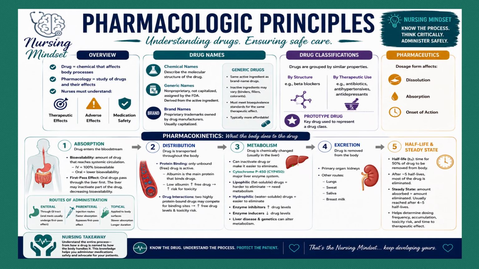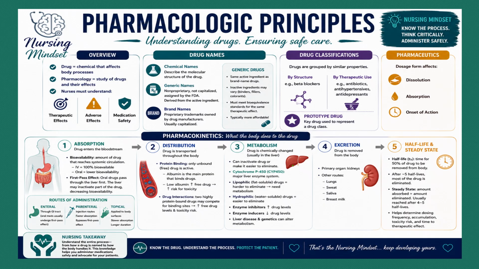Here the route that we're giving the medication is going to matter. For instance, an IV medication is administered directly into the bloodstream, so it's 100% bioavailable. Oral medications usually have a lower bioavailability because they must be absorbed through the gastrointestinal tract, and they may pass through the liver before entering systemic circulation, which is the first pass effect.